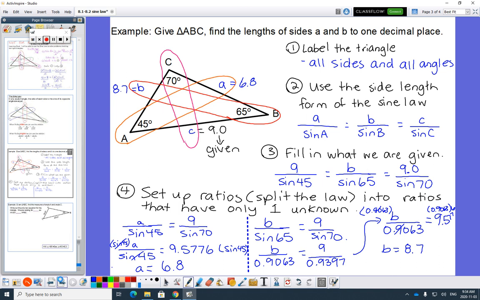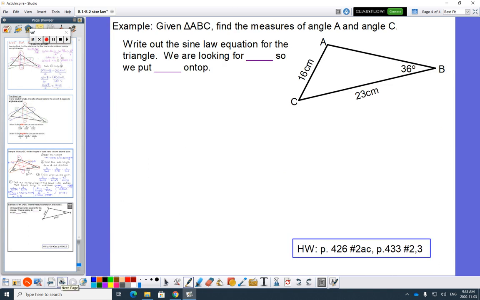Okay? So this time, we are asked to find angles. So we're going to use the form of the sine law with angles on top, but like I said, it really doesn't matter. This time, I'm not going to write the steps out like I did last time, so this would be more like what you could do for homework.